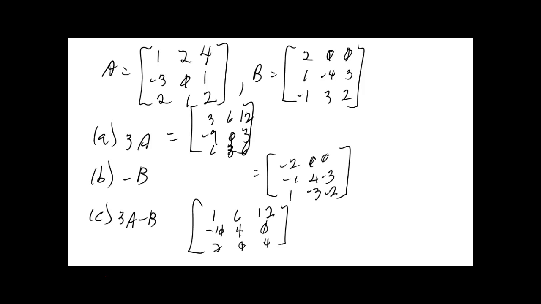Right, it is supposed to be 4. Because you're adding, it'd be 0 plus 4. B was that, so the negative of that, this is a 4. Okay, we got 4 already.